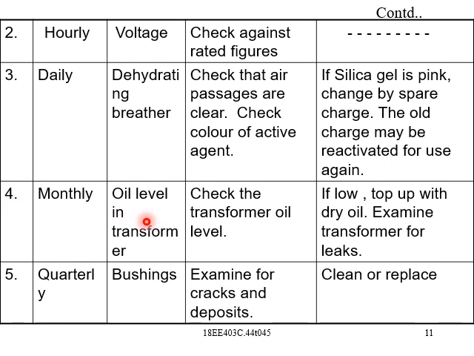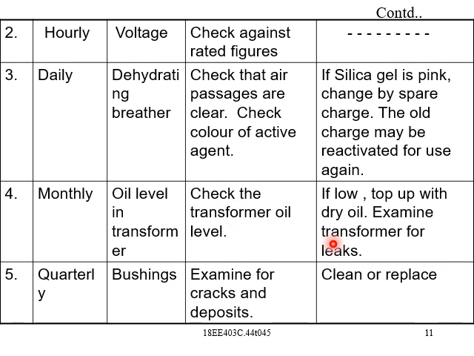And the next is a monthly checkup. What is to be checked is the oil level in the transformer. So check the transformer oil level. That can be seen by your oil gauges. What action is to be done? If low, top up with dry oil and examine the transformer for leaks.